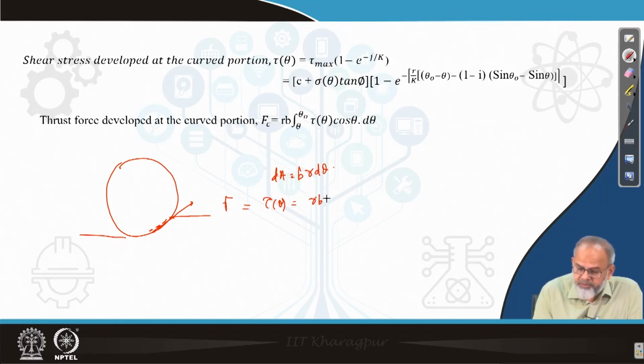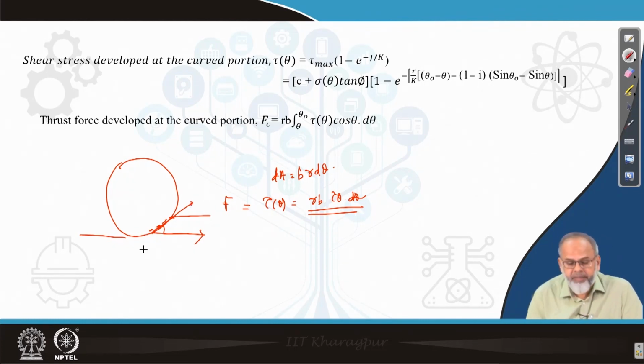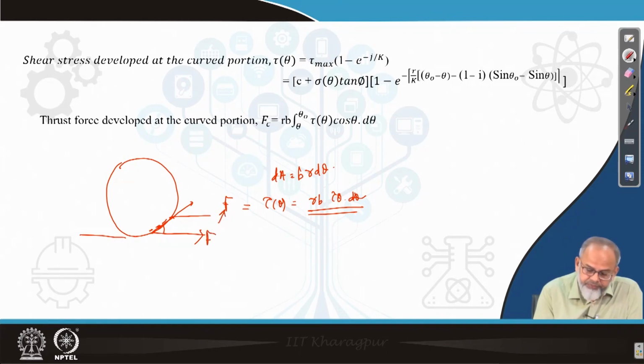So r B tau theta d theta will give the shear force, but we are not interested in the shear force. We are interested in finding out the thrust, which is the horizontal component of the shear force developed at the contact patch. So this is your F, the shear force.